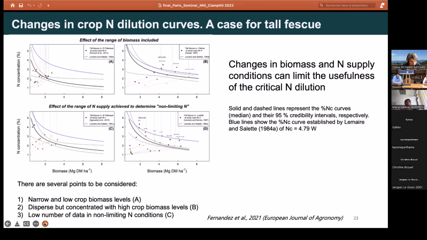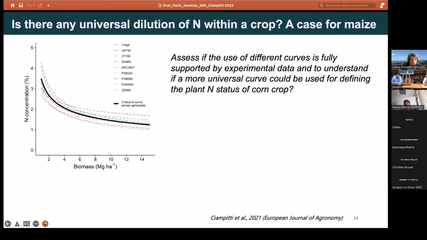In the lower panels, we have a low number of data in the non-limiting nitrogen concentration, so we have problems determining this plateau. And then the last one is probably where we connect all the data and have a high number of data in the non-limiting conditions. You see that the uncertainty of the model is much smaller and reduced when you look at the entire data set versus the other 3 situations. So we will continue working on this and discussing more about this point.